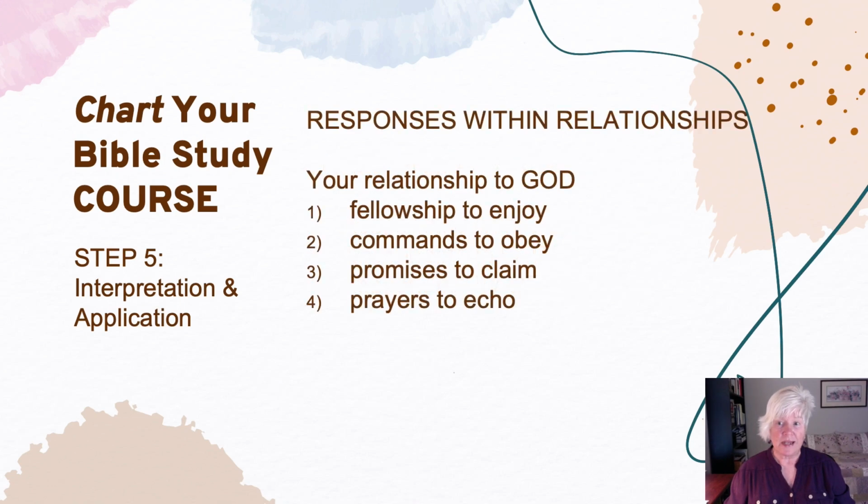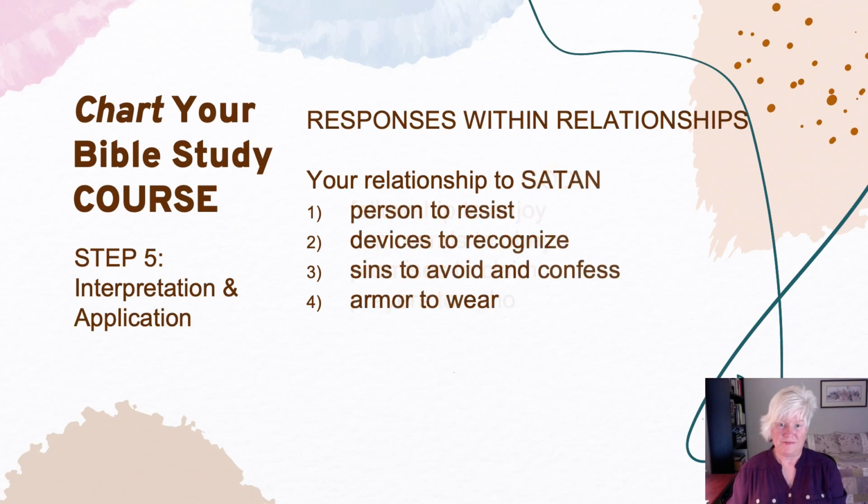And since we're related in some way to God, to Satan, to other people, and to ourselves, here's a list of those involvements. The first one is your relationship to God. You have fellowship to enjoy, commands to obey, promises to claim, and prayers to echo. Your relationship to Satan: he's a person to resist.